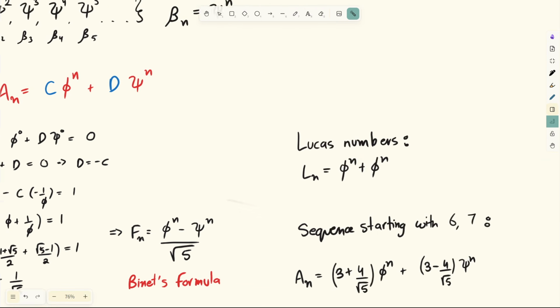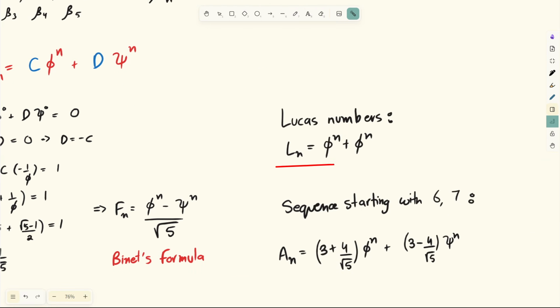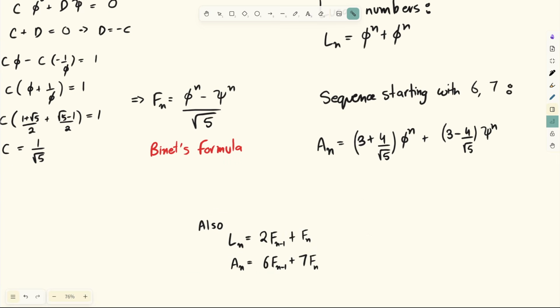You can do the same for other sequences. So Lucas numbers, they have a really nice formula because the coefficients are just 1 and 1. If your sequence starts with something funny, so 6, 7, then you have some other weird numbers, but the point being that it's just the powers of phi and psi weighted by some constant. Another interesting fact is that you can write these sequences in terms of each other.